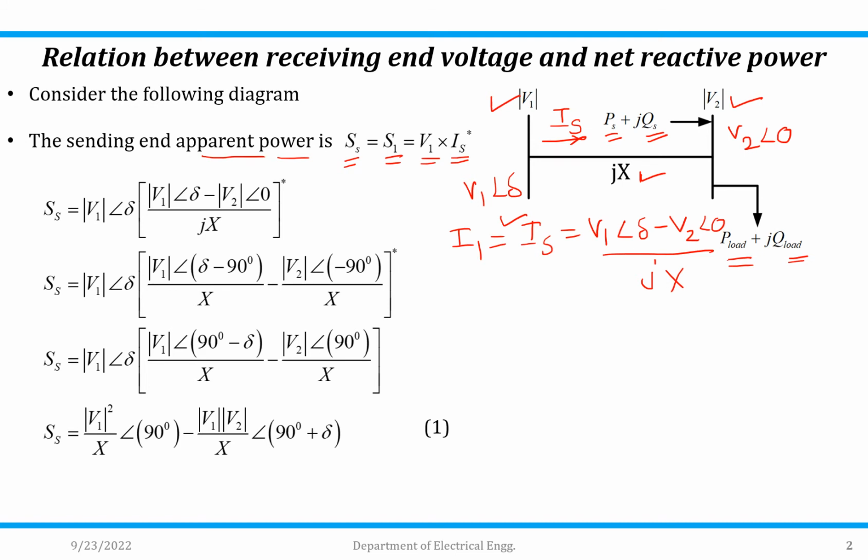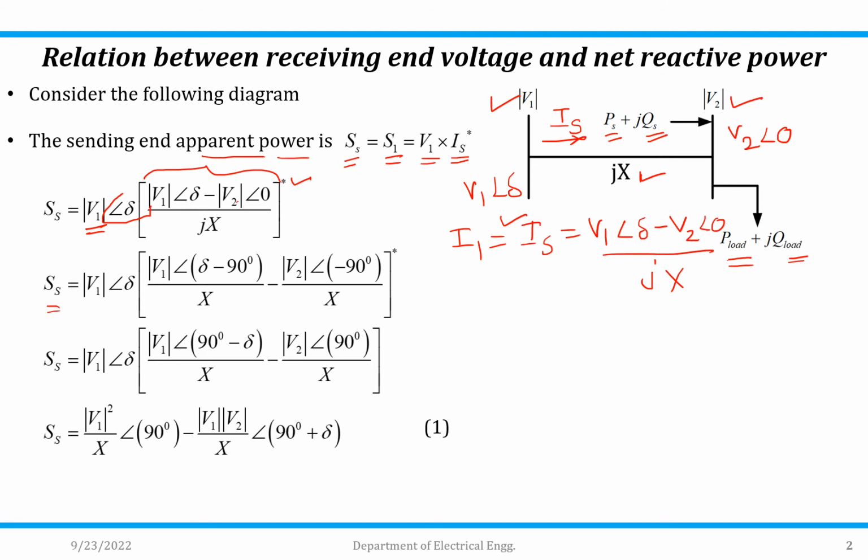Here this is your load angle delta. V1 at an angle delta minus V2 at an angle 0 upon jX, star, whatever formula we have shown in this bracket, is the formula of current IS.